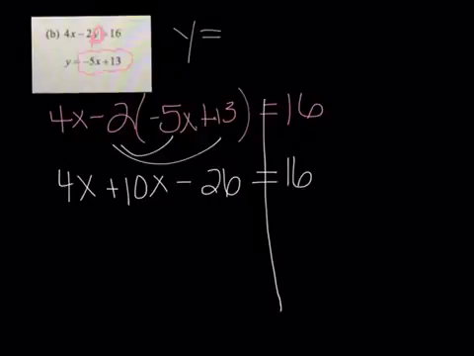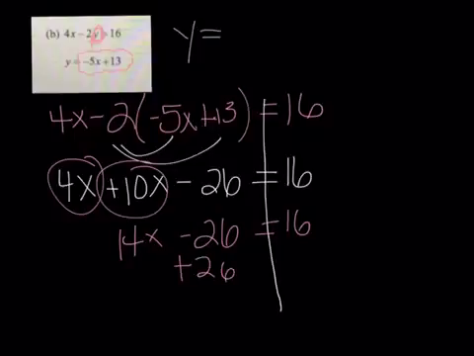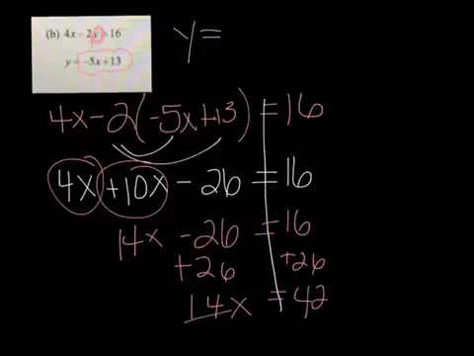Then you should have combined your like terms. 4x plus 10x is 14x. Minus 26 is 16. Add 26 to both sides. You get 14x equals 42. And then divide by 14. So x equals 3.